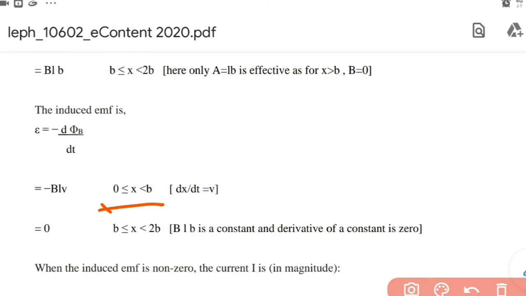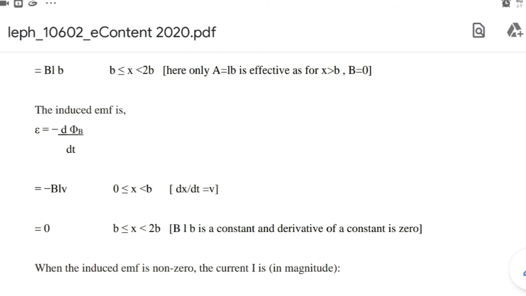So we just take d by dt of BLx, which is the same as BL into d by dt of x, and dx by dt is V. So we have the expression for induced EMF as minus BLV, where V is equal to dx by dt.